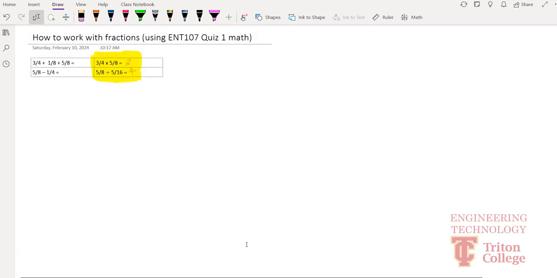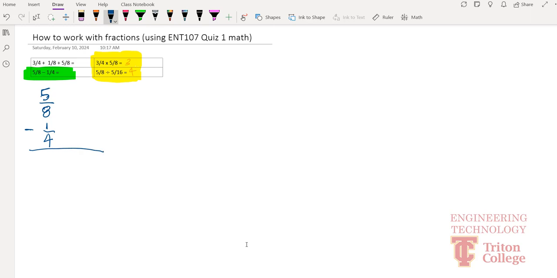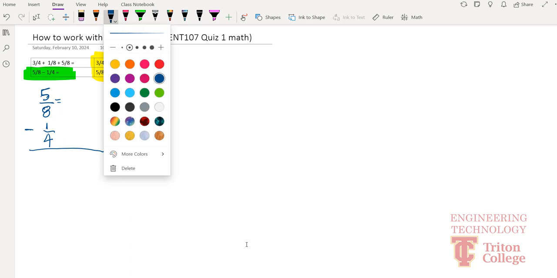Next one, okay? I'm going to use green just to be clear. I'm doing 5/8 minus 1/4. Okay, that's the one I'm doing next. So 5/8. I'm going to start the way I already told you that I prefer to work vertically. Minus a quarter. Same thought process, so same approach.